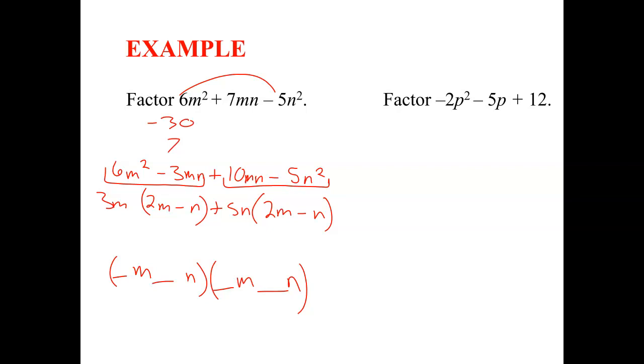So I end with 2m minus n, 3m plus 5n. Not in the second one. That one. Because I factored out a 3. And that coefficient is 3. So now the coefficient is negative 1.